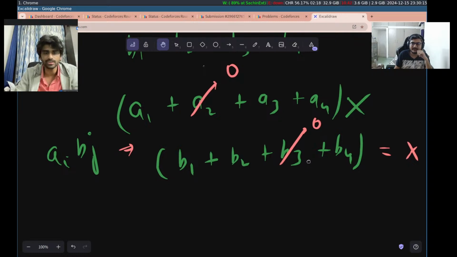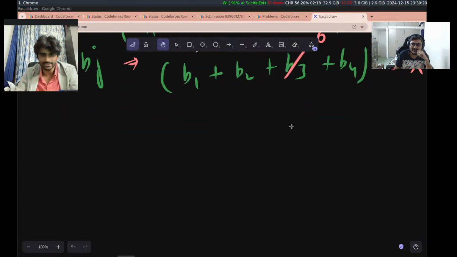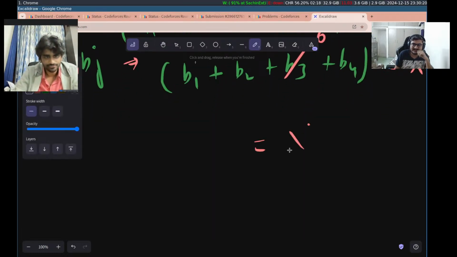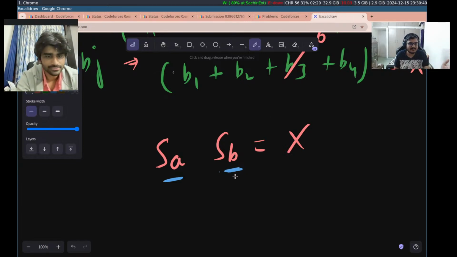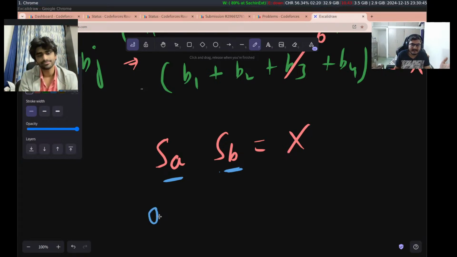So when we do this, we want to get, demoralizer's idea was, let's fix X. The formula is essentially the sum of elements of A multiplied by the sum of elements of B. Based on the factors of X, you can fix one of the values here, and then you will essentially have the other value as well. You know the original sum, so you can look at the original sum and the deleted element.